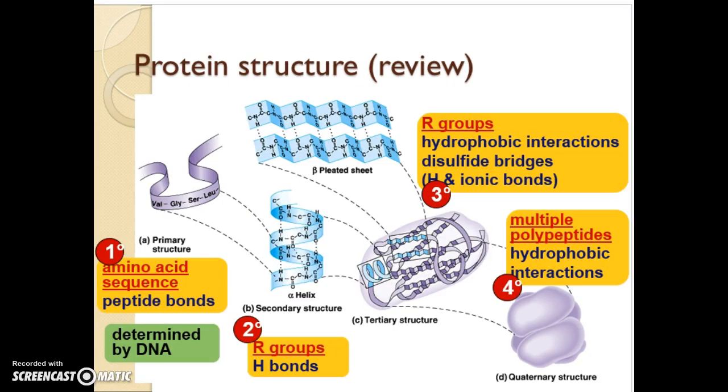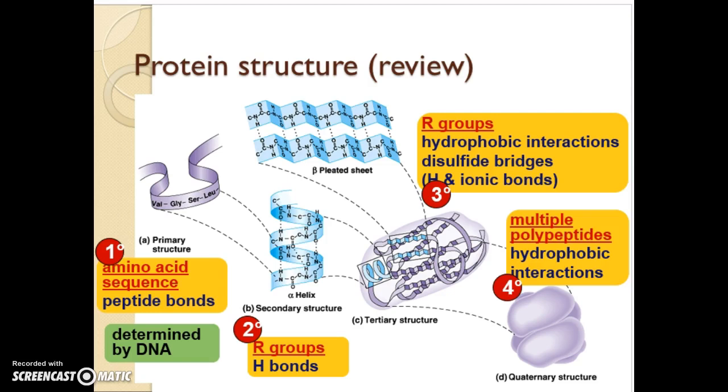So in review, the sequence of an amino acid chain determines its structure, which then determines its function. If you change the sequence of amino acids, you're going to change the structure, and therefore you'll change the function of your protein.